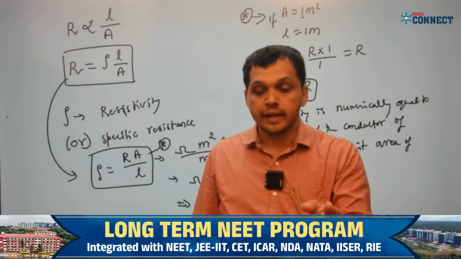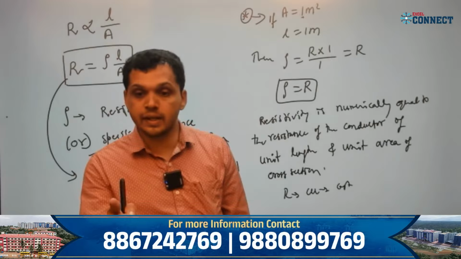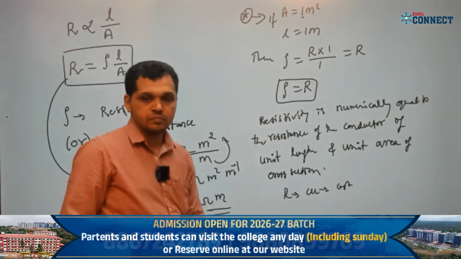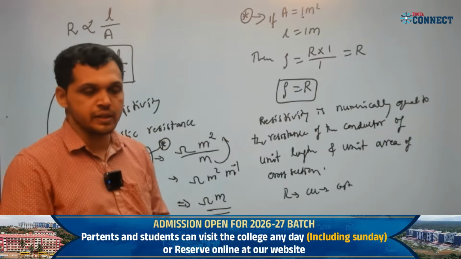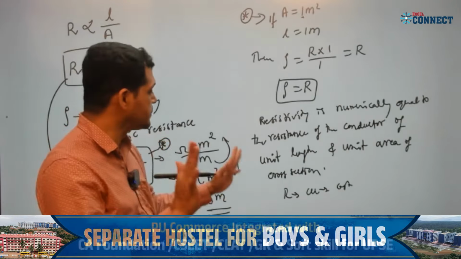Resistivity is independent of the dimensions of the conductor, but resistivity depends on temperature. As the temperature varies, resistivity varies, but as the dimension changes, resistivity does not change.